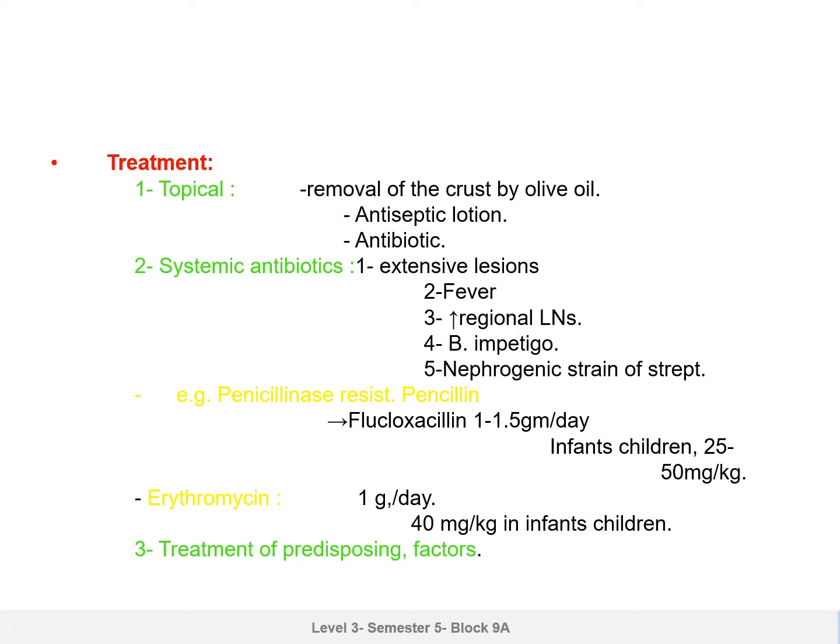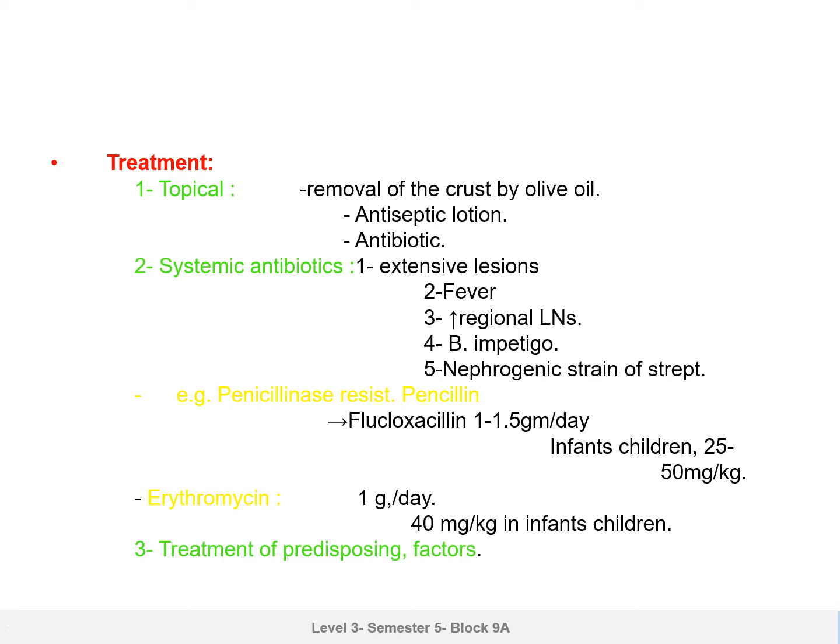What is the indication? This is an oral question. What is the indication of systemic antibiotics for a case of impetigo? In case of extensive lesions, if the patient is complaining of multiple lesions, you must give the patient a systemic antibiotic.